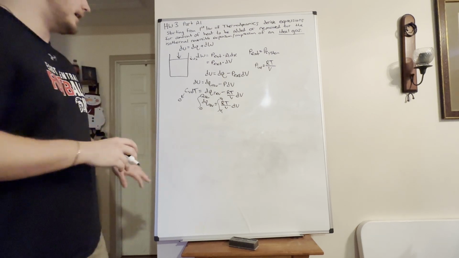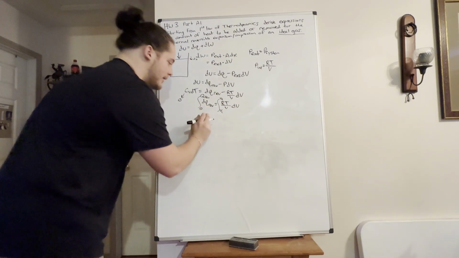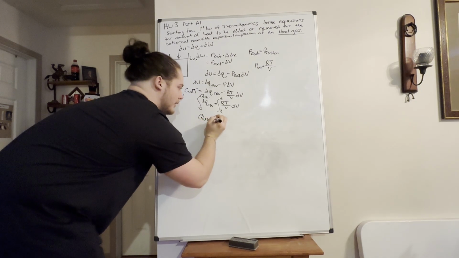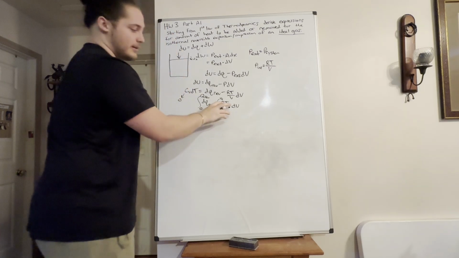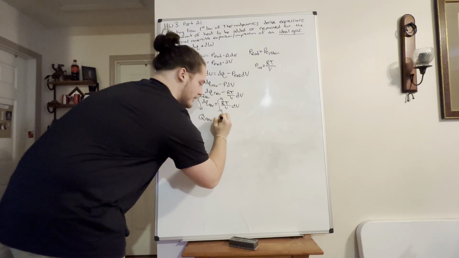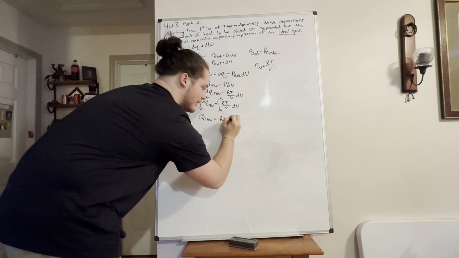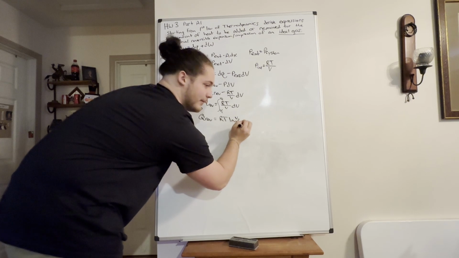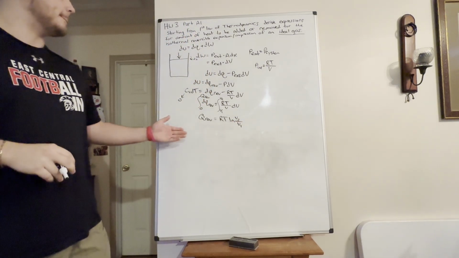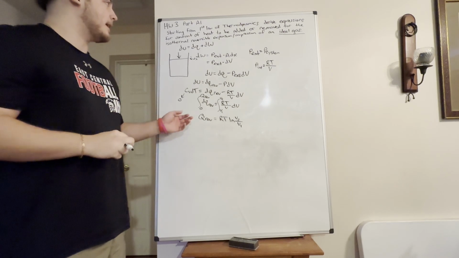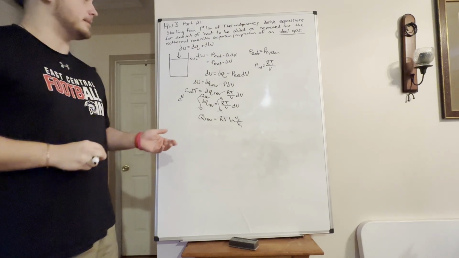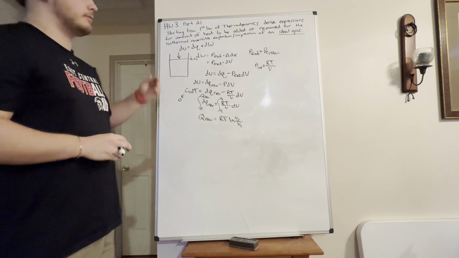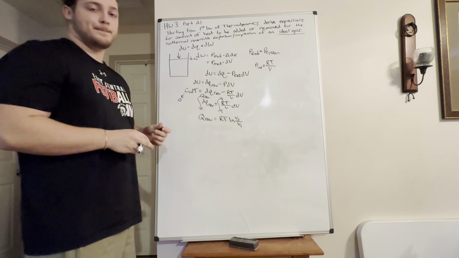So then we can integrate, and this gives us q rev is equal to RT, those are constants, times the natural log of V2 over V1. And there you have it. That is the expression derived from the first law of thermodynamics for the amount of heat added or removed in an isothermal reversible expansion or compression.